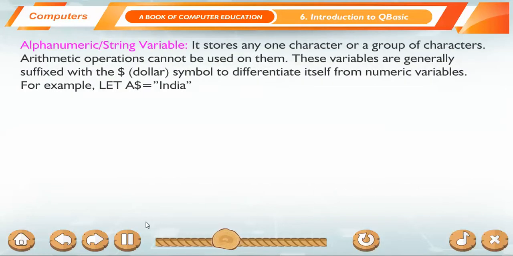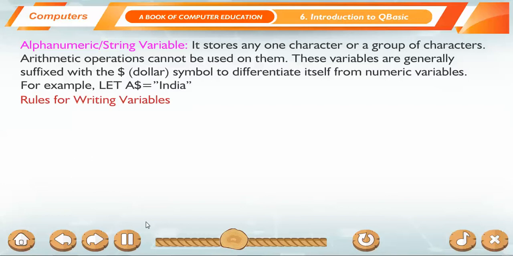It stores any one character or a group of characters. Arithmetic operations cannot be used on them. These variables are generally suffixed with the dollar symbol to differentiate them from numeric variables. For example, LET A$ = "India".